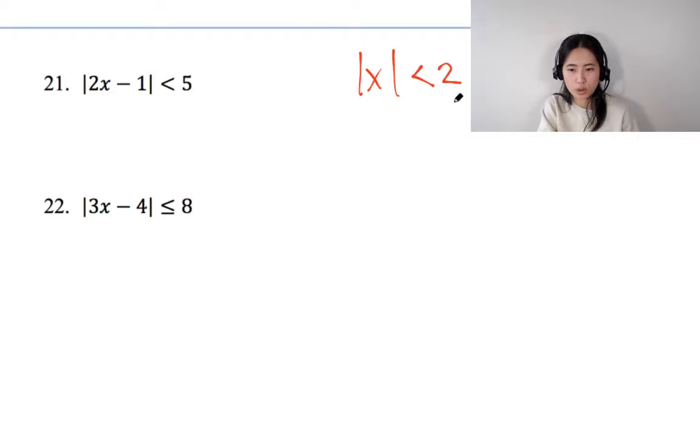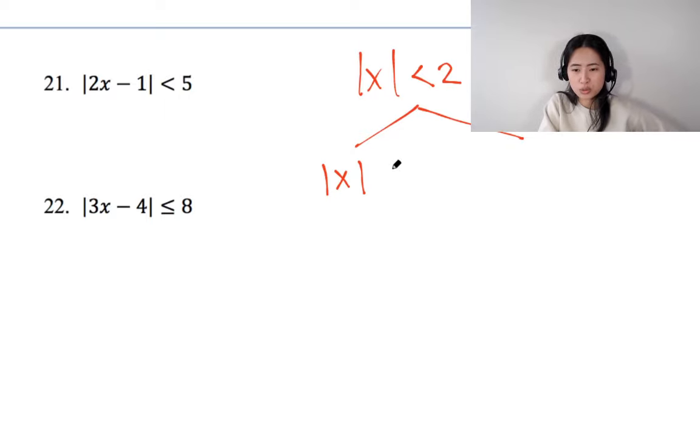So in that case, you're going to have two options. Not really two options, but you need two options. So you're going to have x less than 2. Let's start with a negative number first. So this would be greater than -2. And this would be x when it's less than 2. Does that make sense?